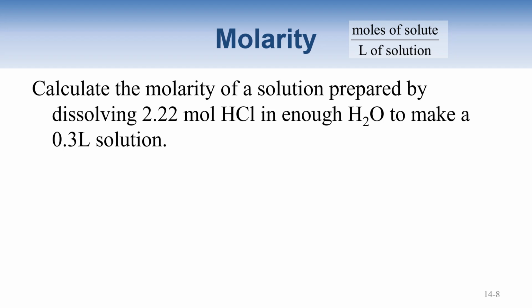Calculate the molarity of a solution prepared by dissolving 2.22 moles of hydrochloric acid in enough water to make a 0.3 liter solution. So our equation is M for molarity equals moles over liters. So they want to know the molarity. So we're going to put M equals, they're giving you 2.22 moles.